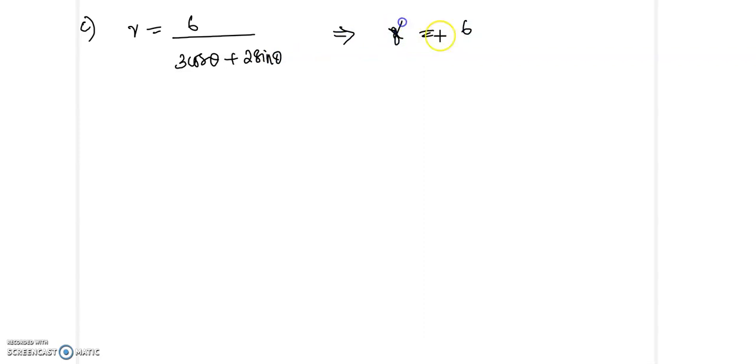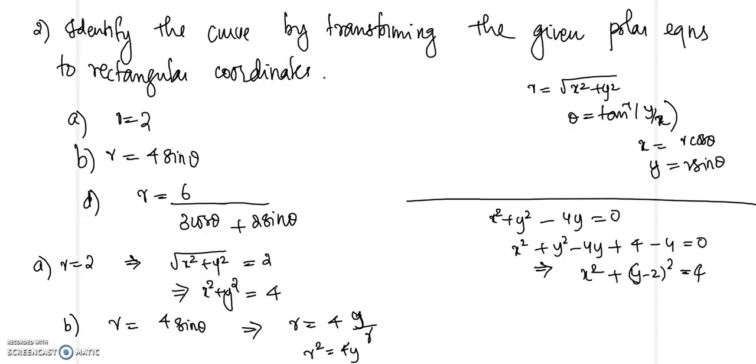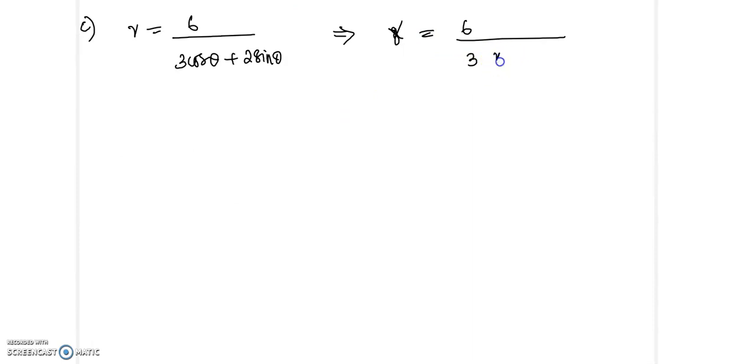And the third one, you have r equal to 6 by (3 cos θ plus 2 sin θ). Again cos θ will be x by r and sin θ is y by r.